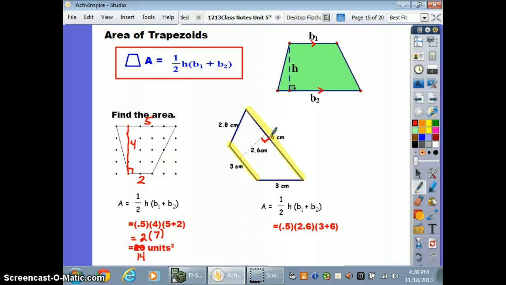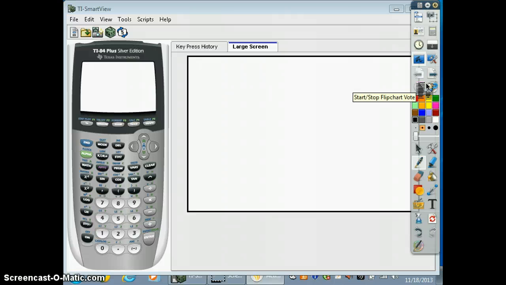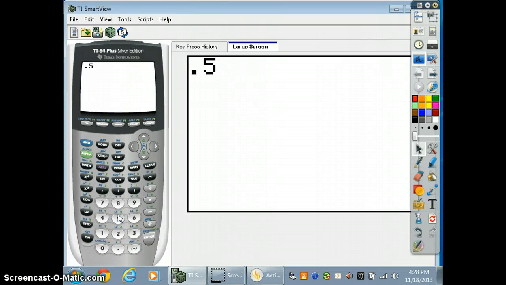Now, people get into trouble when they put these in the calculator. So let's make sure we use our order of operations correctly. All right. So the 1/2, we're going to state like 0.5. The height was 2.6. And then we want to multiply times the sum of the bases.